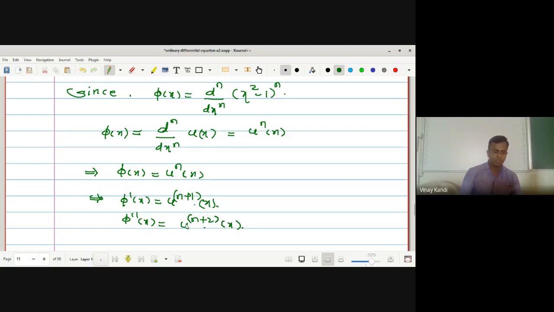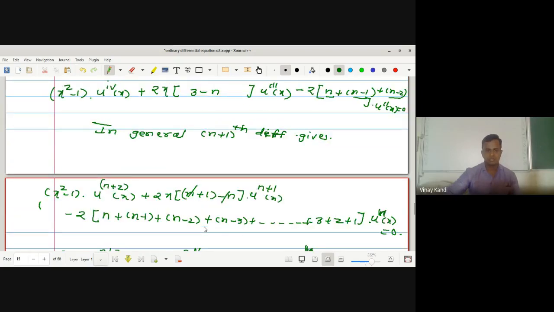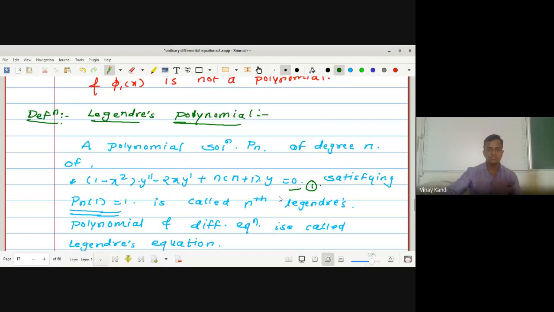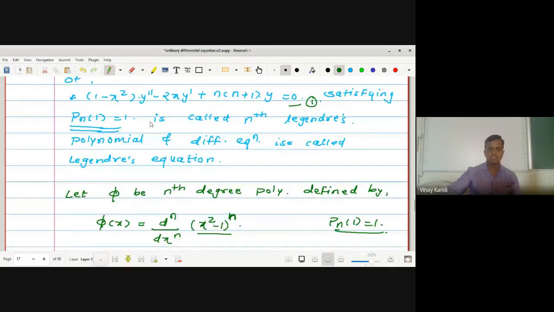Now putting these values in our Legendre equation. या equation मध्ये ठेवल्यावर काय होईल? Now putting these values in this equation. Phi is the solution of this one, na?